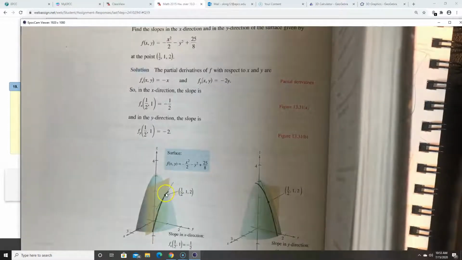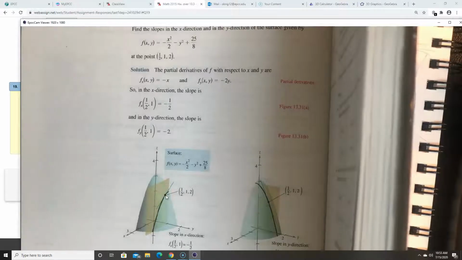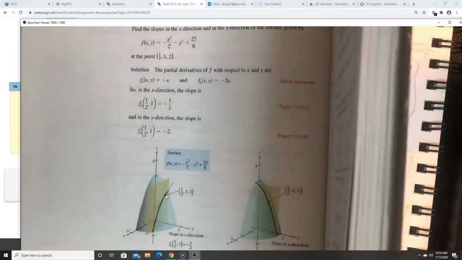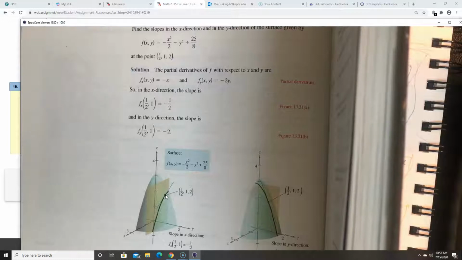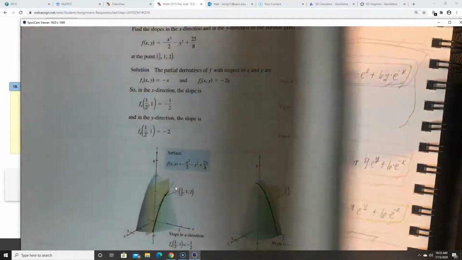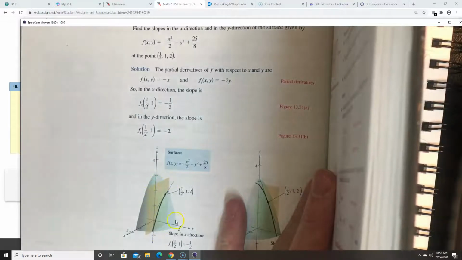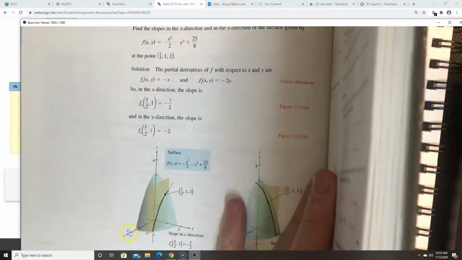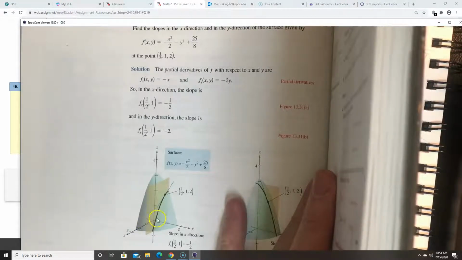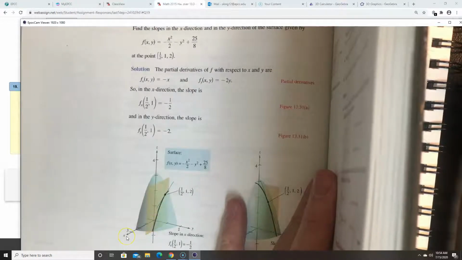If we would like to know the slope at this point on the surface in a direction, meaning this curve is not on the x-axis but is parallel to the x-axis, because this plane, y equals 1, is parallel to the plane y equals 0, which would include the x-axis.